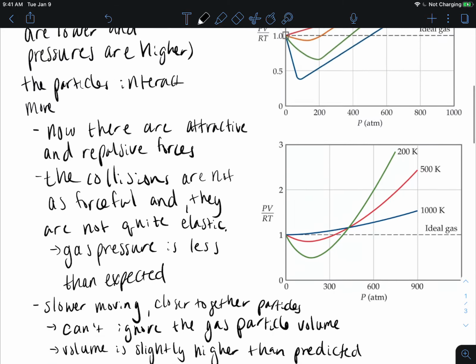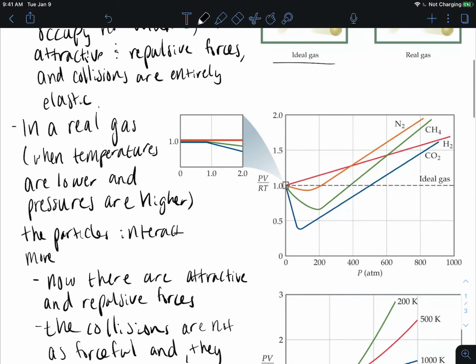We can look at this effect of pressure and temperature on gas behavior through the following graphs. In the top one, we're looking at how pressure affects ideality. Right here on this line is how an ideal gas will behave, and then we look at the pressure for actual gases.